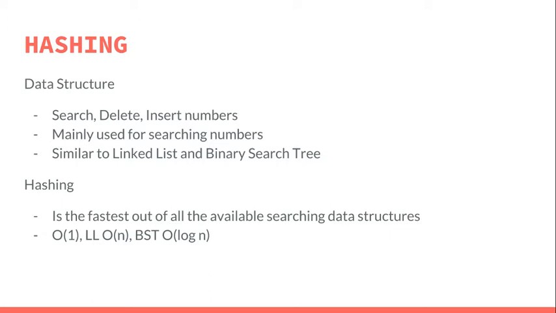But although hashing is used for us to search numbers, just the same as binary search tree or linked list, a binary search tree requires us to go through the whole sequence of arrays, and then we find the number we are searching, and then we go back again.